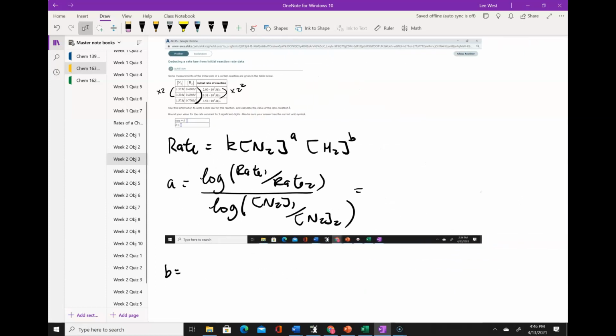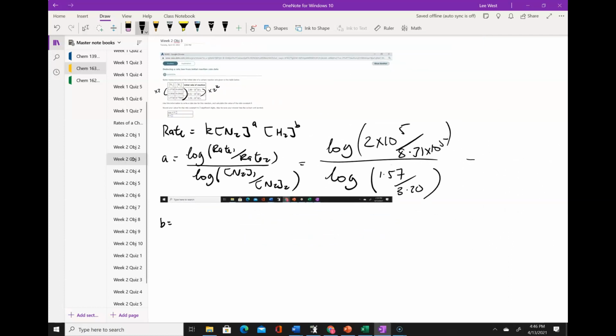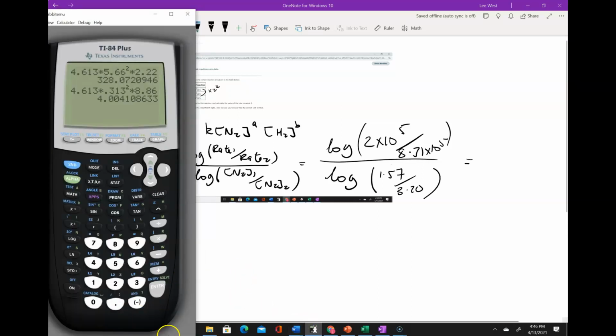So it is going to be log of 2 by 10 to the 5 on 8.31 by 10 to the 5 divided by log of 1.57 divided by 3.20. And like I said, I'm guessing it's going to be second order. Let's see what we get.